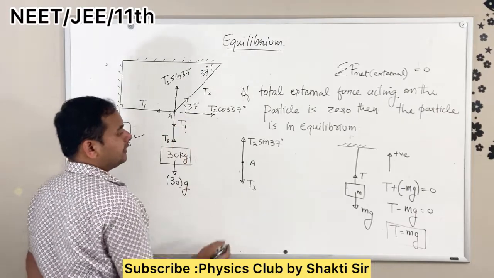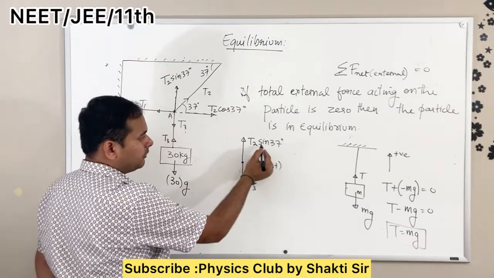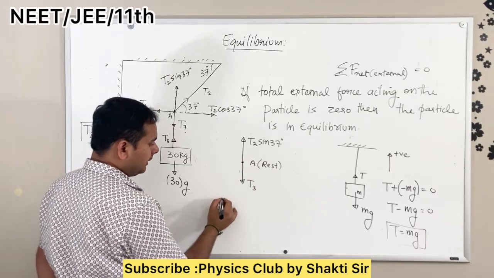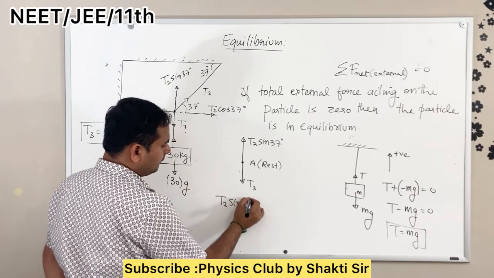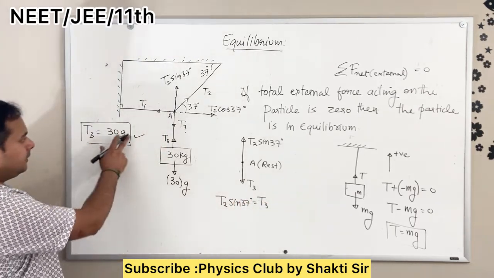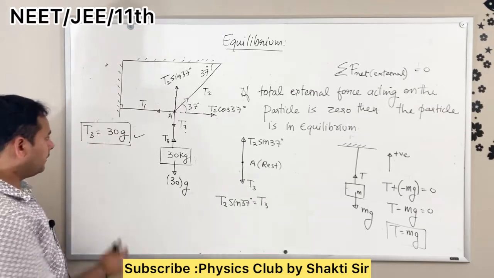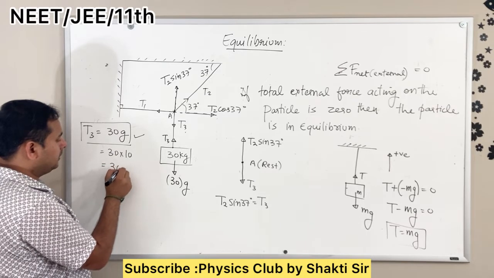Point A is at rest. It means that total upward force equals total downward force. So we get the equation T2 sine of 37 degree equals T3. We know the value of T3. It is 30 g, or we can say 30 into 10, 300 Newton.